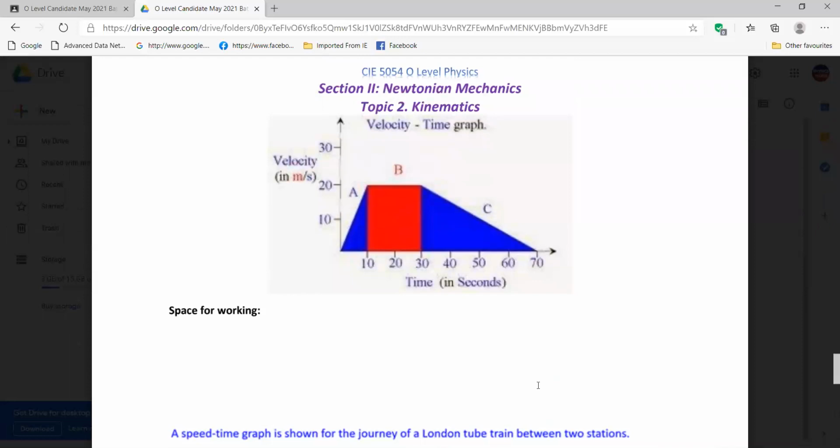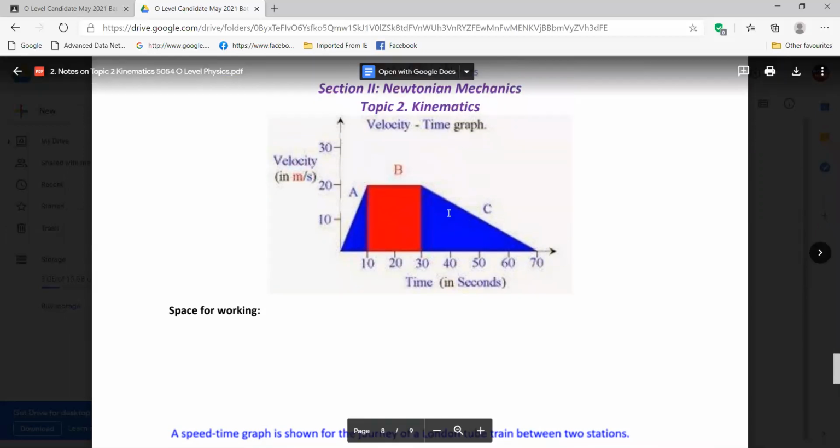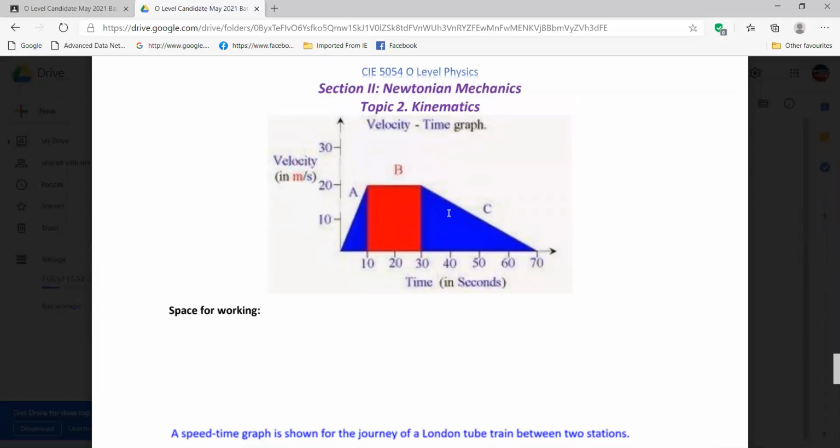Here, can you find how much distance is traveled for the whole journey? For A, there is acceleration. How much distance is traveled?